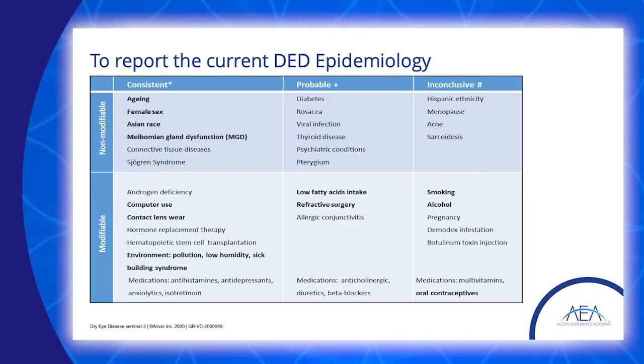Computer use and environment are examples of modifiable and consistent risks. Diabetes would be an example of non-modifiable risk that has a probable impact on the likelihood of dry eye. But you may be surprised that while smoking and alcohol are examples of modifiable risks, they are reported as inconclusive.